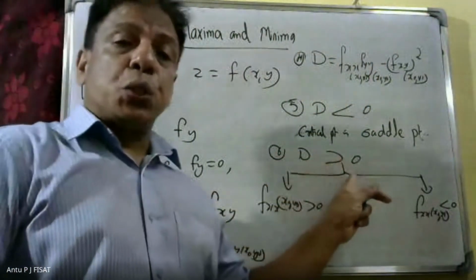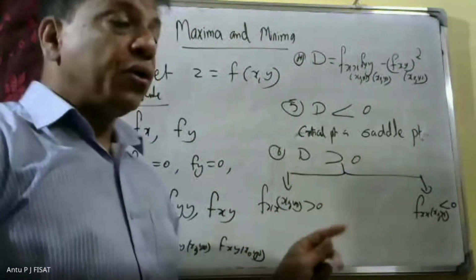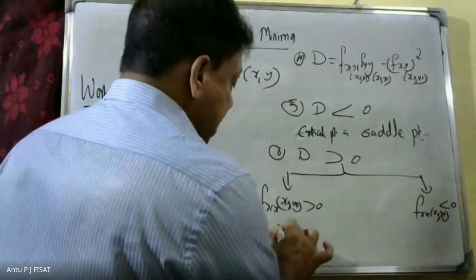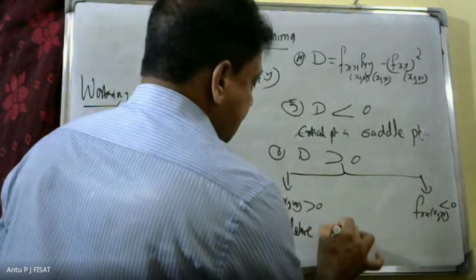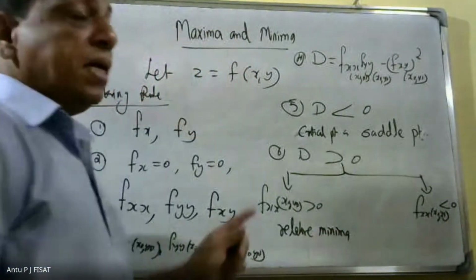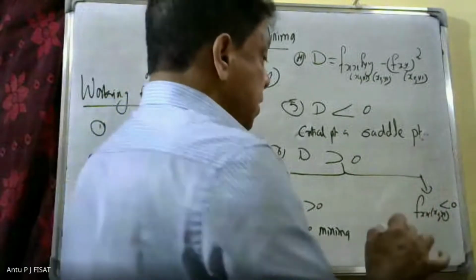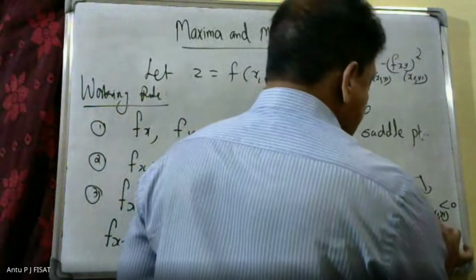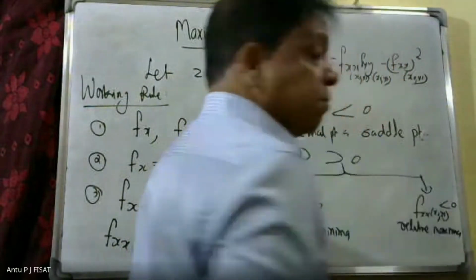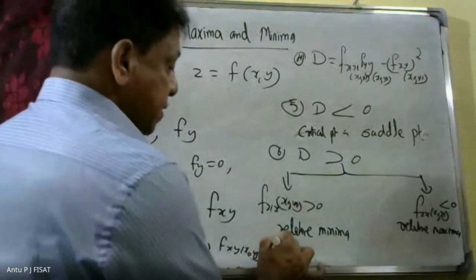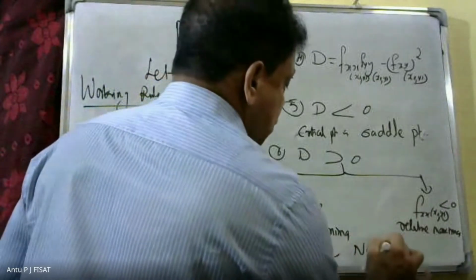When D greater than 0 and fxx(x0, y0) greater than 0, the critical point is relative minima. D greater than 0 and fxx(x0, y0) less than 0, the critical point is relative maximum. The last case, D equal to 0, no conclusion.